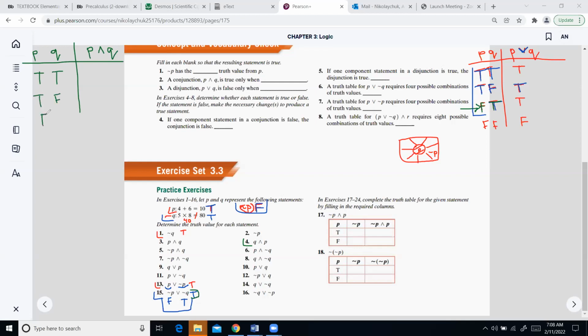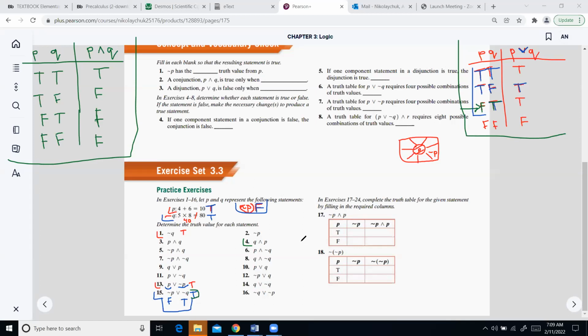So FT and then both falses. And I know that there is only one true in here. Everything else is false. Once again, this is a definition, so it's a good idea to have this someplace where you can always find it, that definition, as well as the one that we had here for the disjunction.